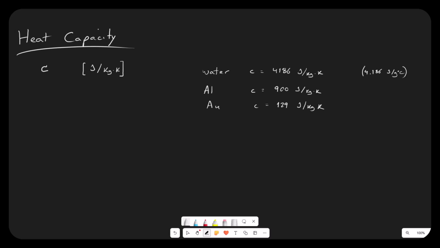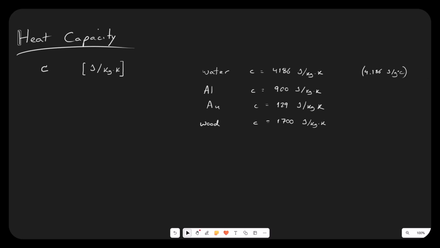Even wood, and yes, there are many different kinds of wood, so there is some ambiguity here, but a reasonable average is about 1700 joules per kilogram Kelvin, which is still a smaller number than water, right? We are talking less than half of the heat capacity of water.